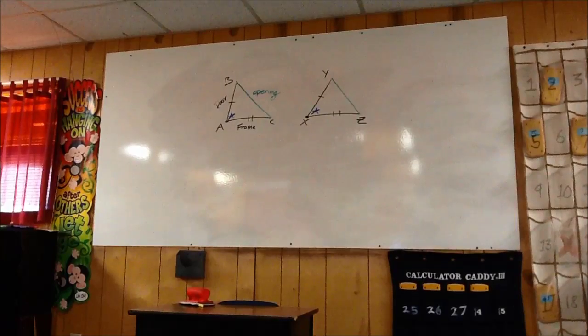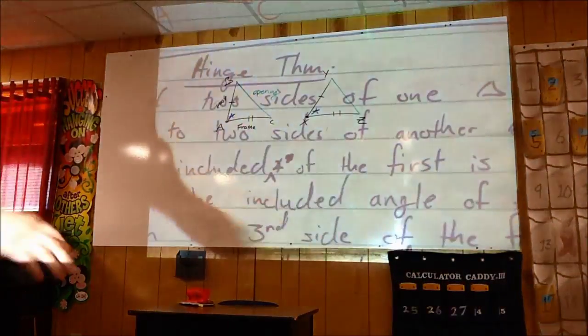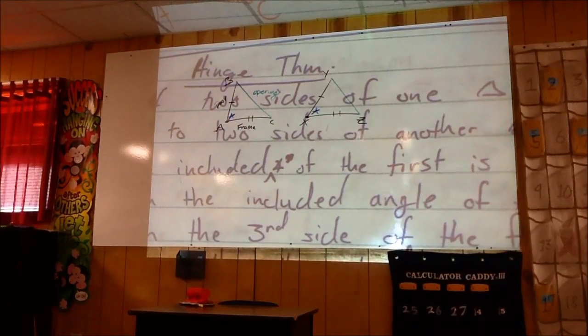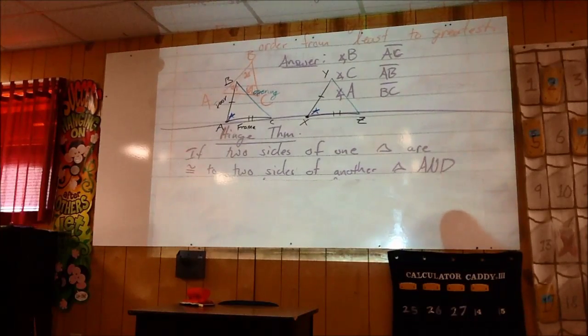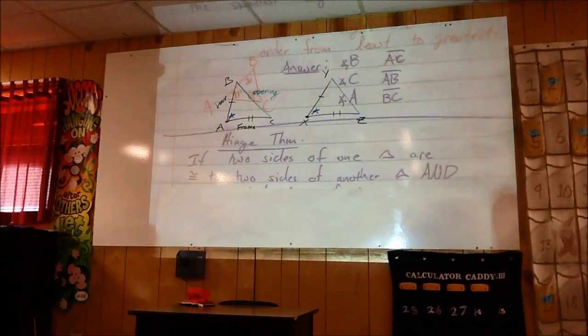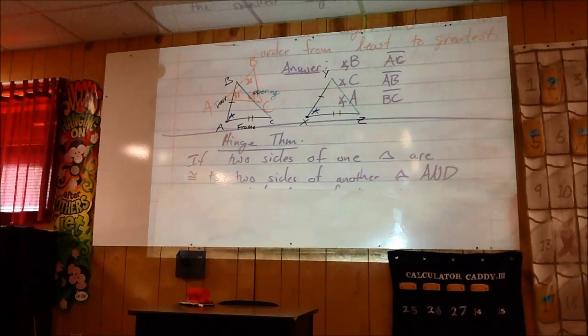Okay? But in the textbook, they have to set up this situation. They have to set up this whole two triangles with two congruent sides. So it takes a little while. So we'll just go a line at a time, okay? And it says, if two sides of one triangle are congruent to two sides of another triangle.